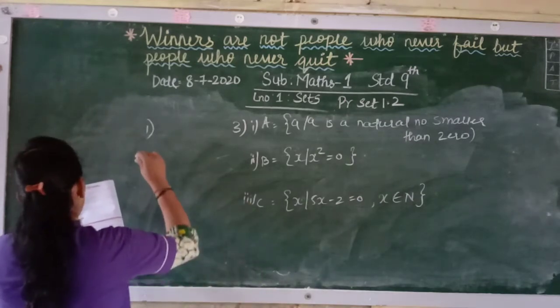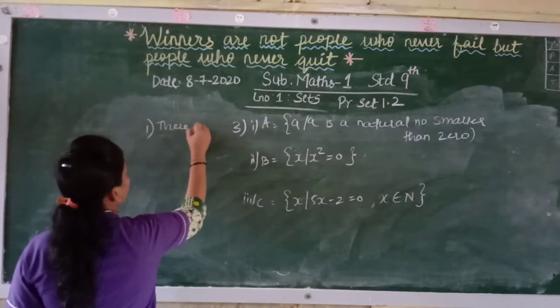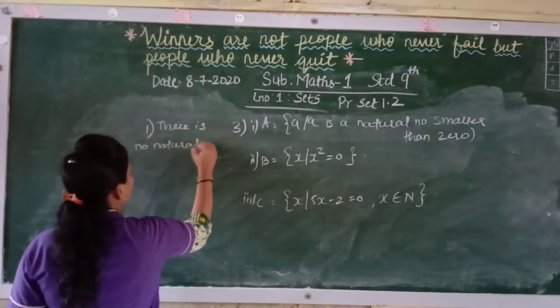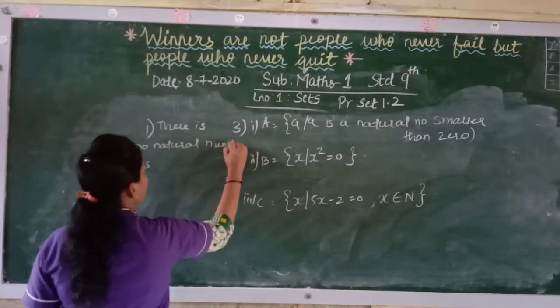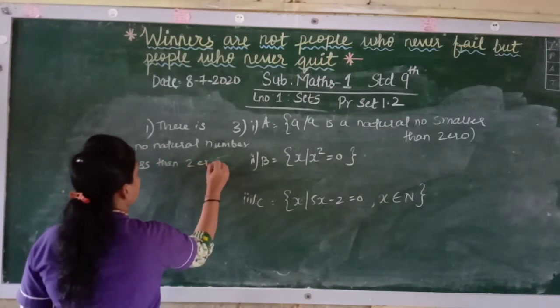So first one, what you will write? There is no natural number less than 0.